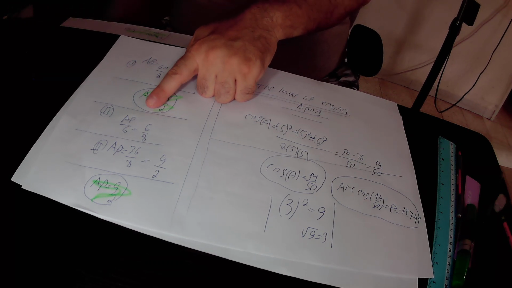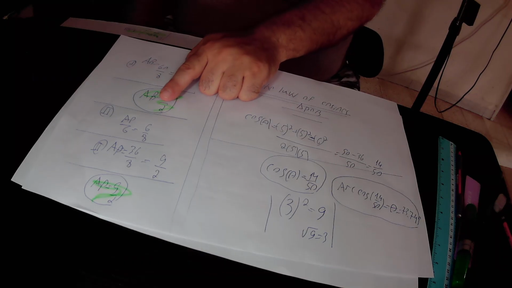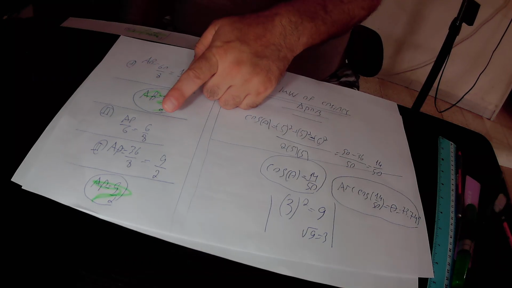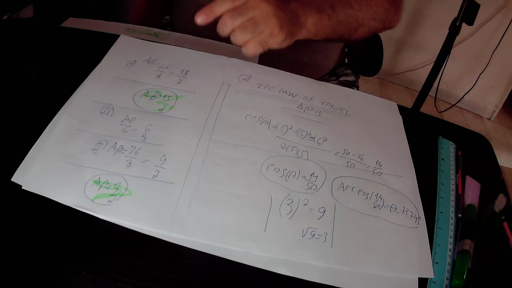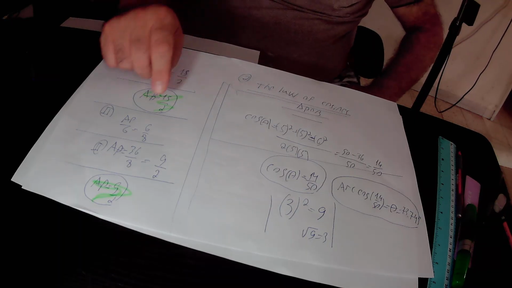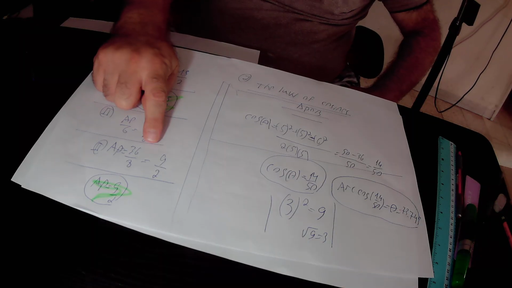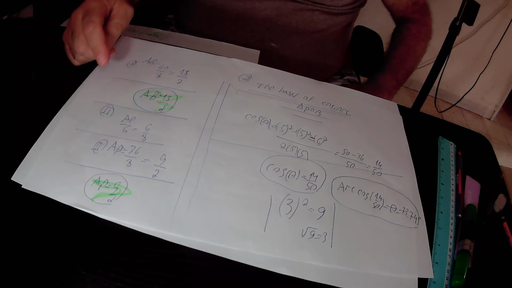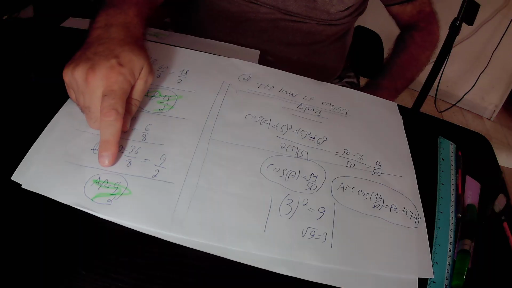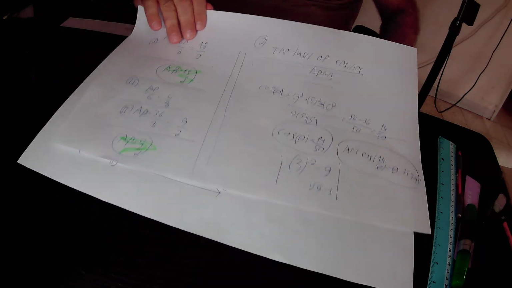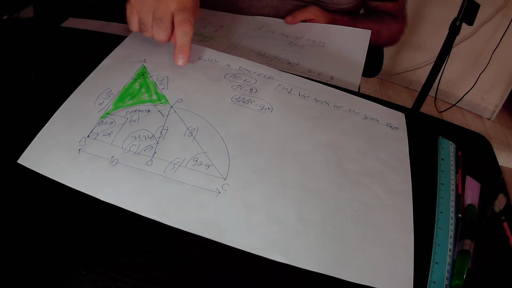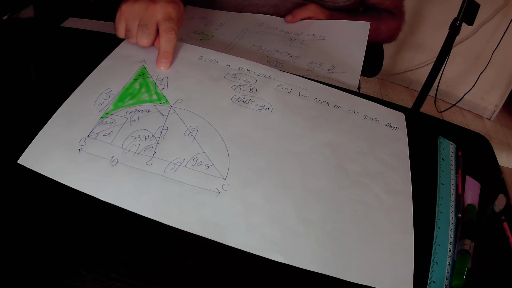Here we multiply this equation by 6 and find that AP equals 6 times 6, that is 36/8. Dividing both the numerator and the denominator by 4, 36 over 4 is 9 and 8 over 4 is 2. So in total, AP equals 9 halves units in its length. This is the missing side AP.